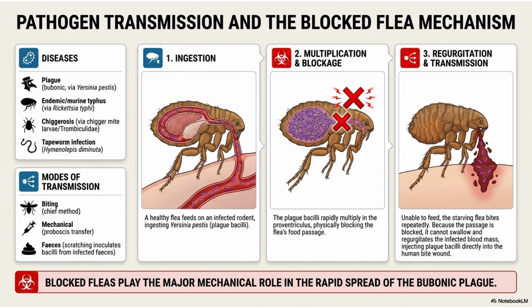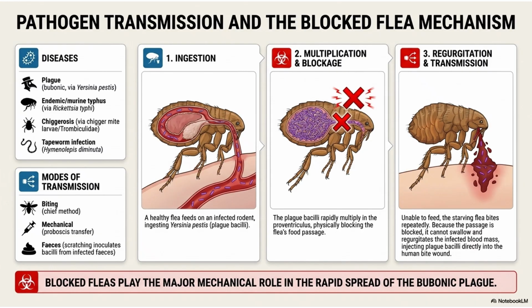Diseases: because of Xenopsylla cheopis, plague will be transmitted. The bacillus here is Yersinia pestis, and other diseases include epidemic or murine typhus, chigger infestation, and tapeworm infection, also Hymenolepis diminuta. So these are the diseases, and how do they transmit? These fleas transmit by the mechanism of biting.